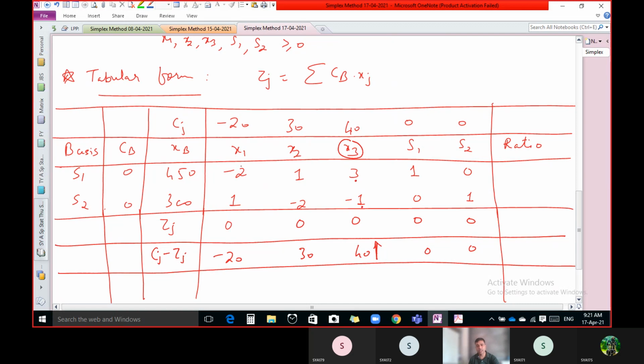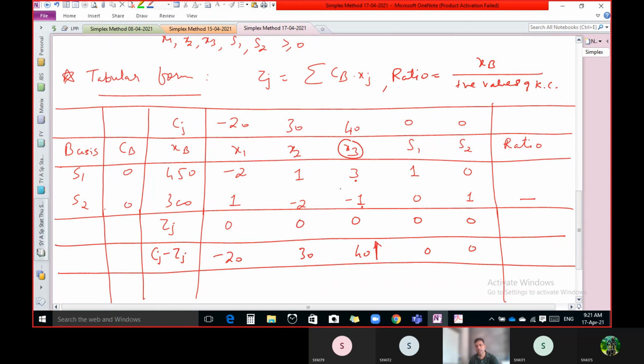And this x3 will enter in place of either s1 or s2. To decide which one, we have to take the ratio. There is a formula for the ratio: XB divided by the positive values of the key column. These are the two values of the key column. 3 is positive, minus 1 is negative.